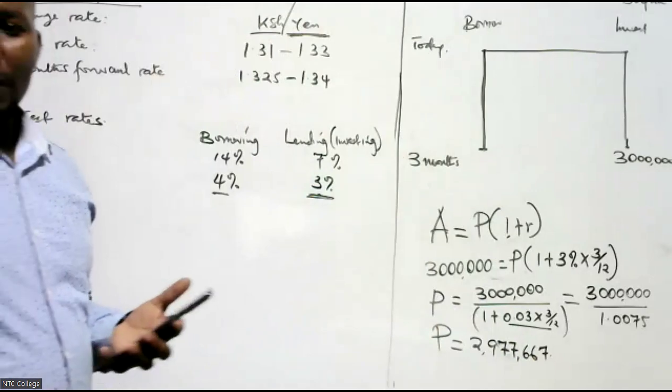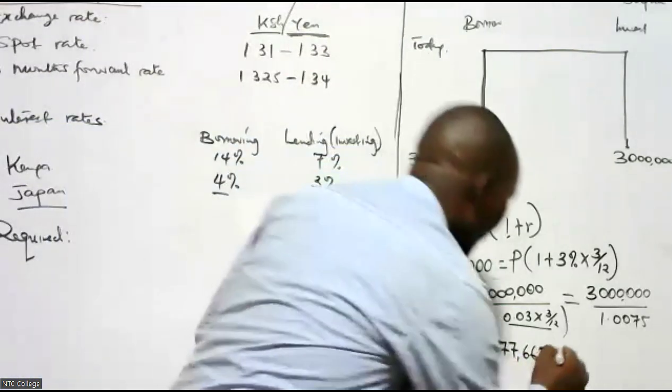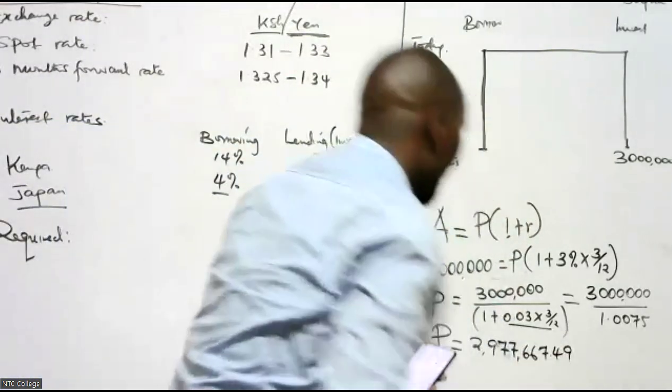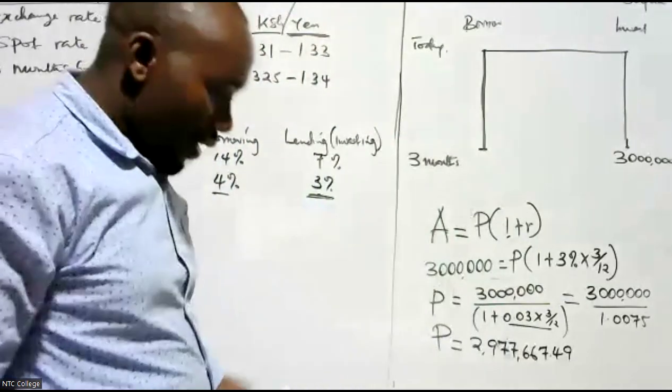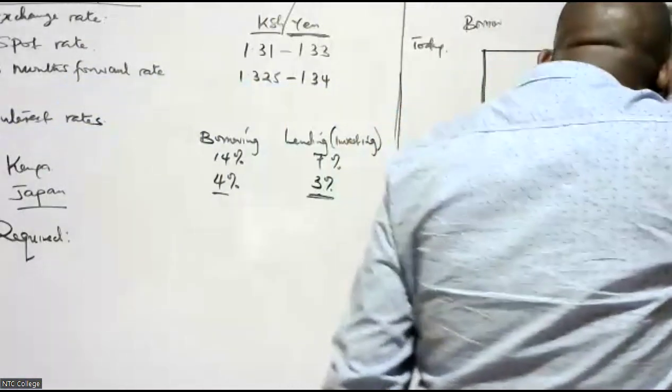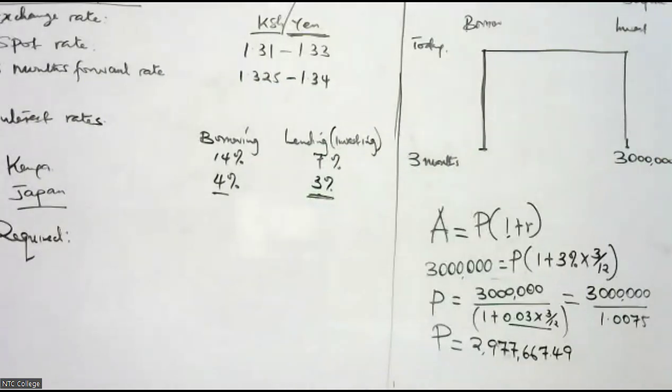That is the amount that you need to invest. Good. Umeongeza 49. Sawa.